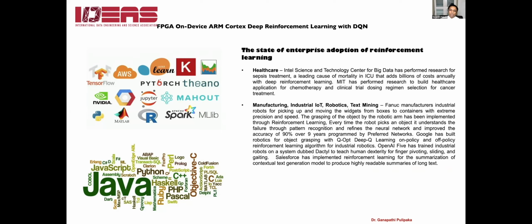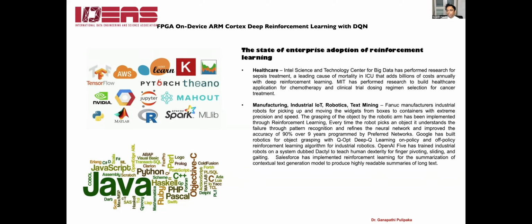So that's how industrial IoT and manufacturing industries have been taking advantage of its potential. And again, the grasping of an object by the robotic arm is done through reinforcement learning. It knows what object and how to pick it up and how to move it to another environment. And again, the failure of picking up such objects is something where there is a gap.